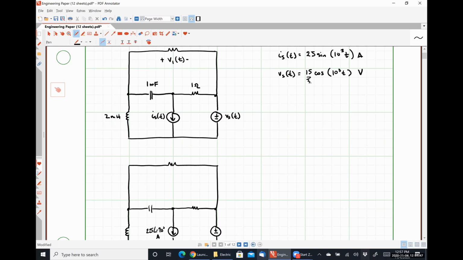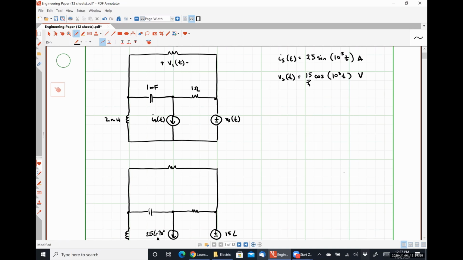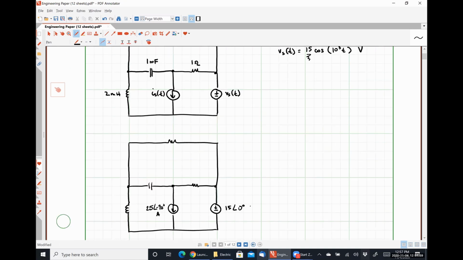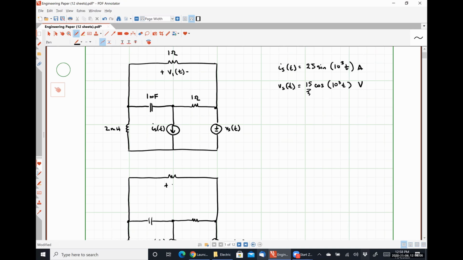What's the magnitude? All right. What's our phase angle? Yes. There we go. All right, what do we do with our resistors? Stay the same. What about our capacitor?